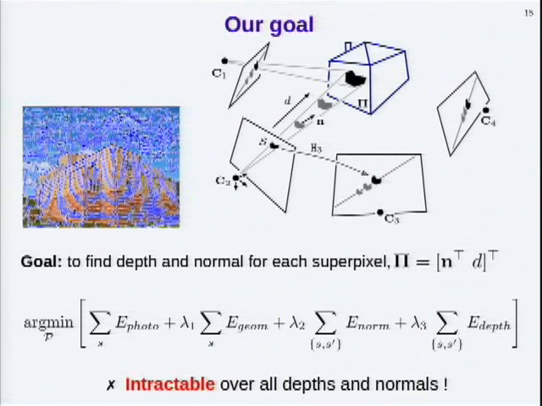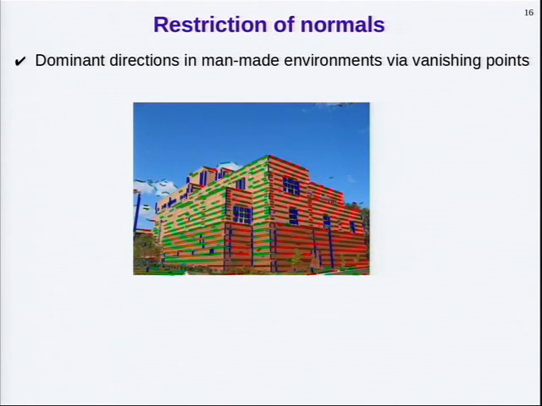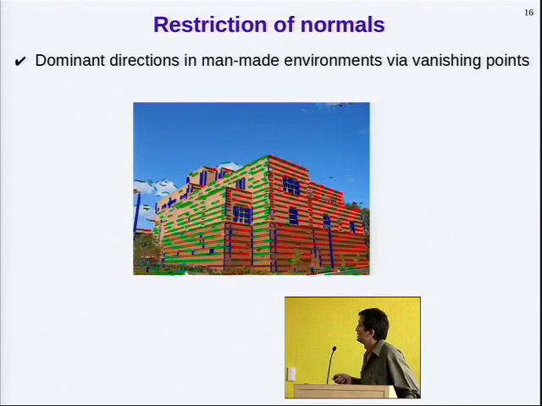But still, doing the optimization over all normals and over all depths is intractable, and we need to take some assumptions into account. First of all, we restrict the number of normals. As we assume that we operate in man-made environments, the dominant directions can be captured via vanishing points.